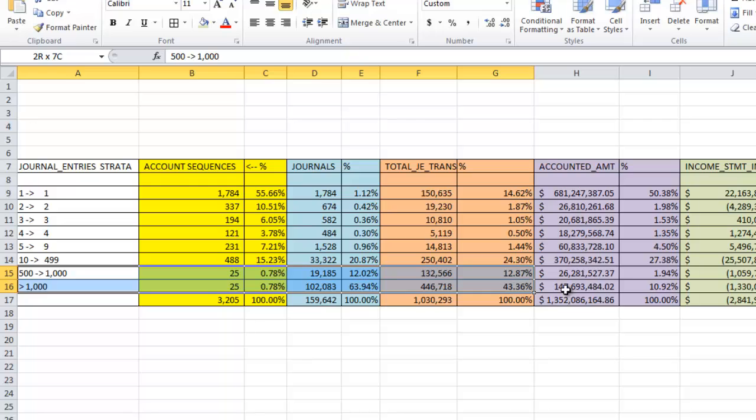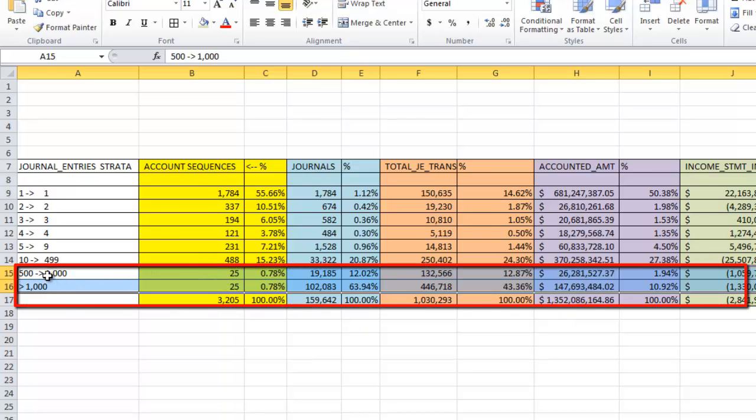Let's take a look now at this strata right here, which is how many journal entries have an account sequence, in this case, that have over 500 journal entries that have that same account sequence. So there are about 50 account sequences, in essence about 1 or 2% of the account sequences, making up about 75% of the journal entries, and about 55% of all of the transactions in the general ledger.